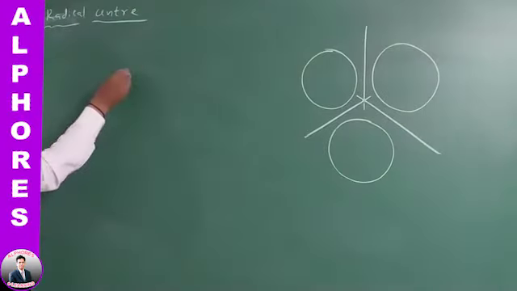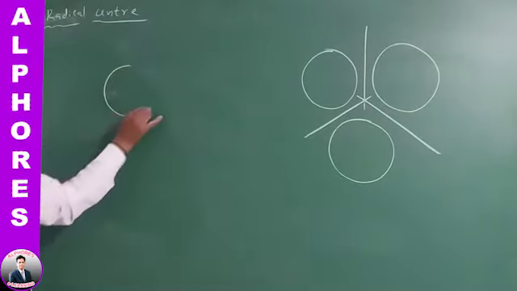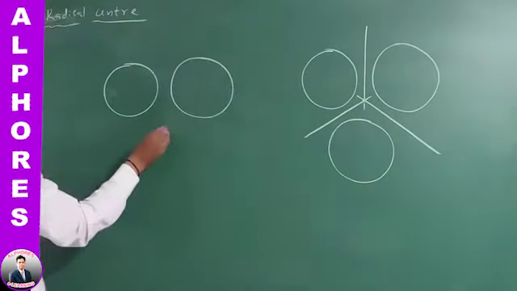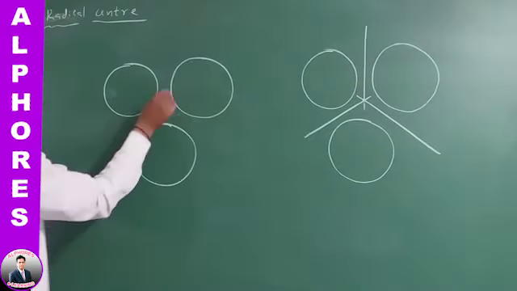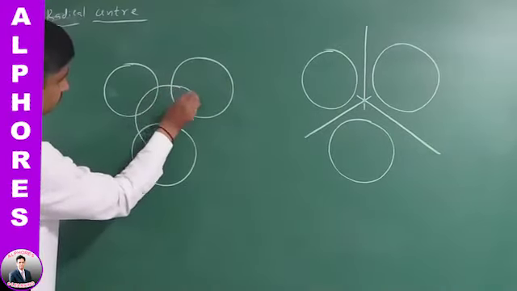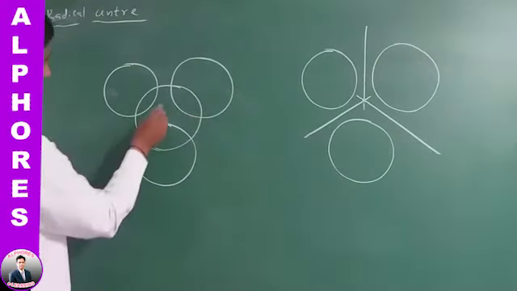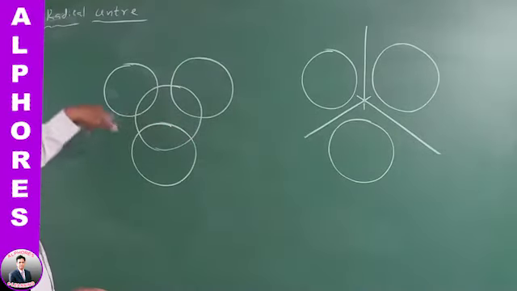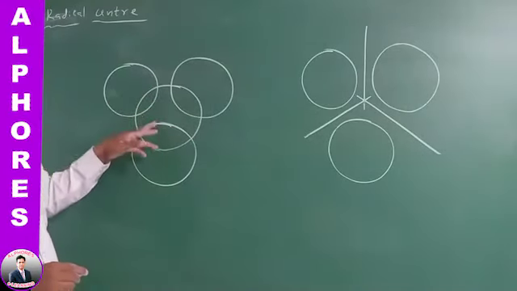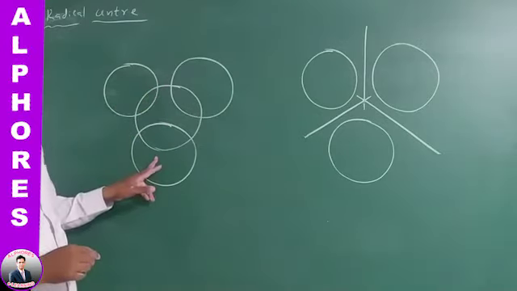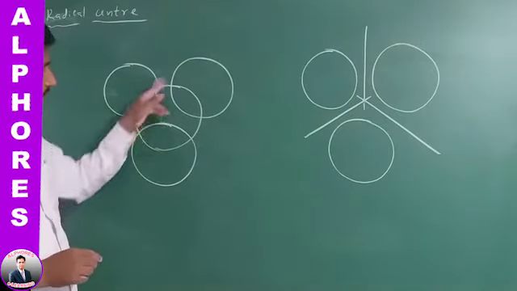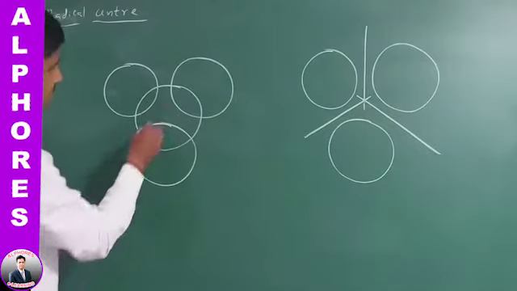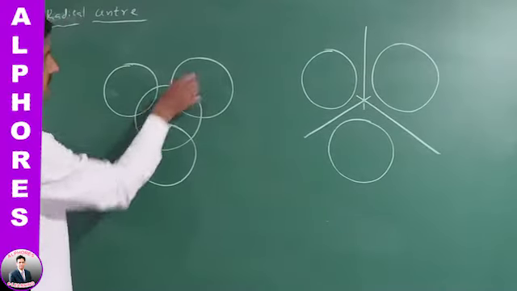Next, another point. The center of the circle which cuts the three given circles orthogonally is the radical center of these three circles.